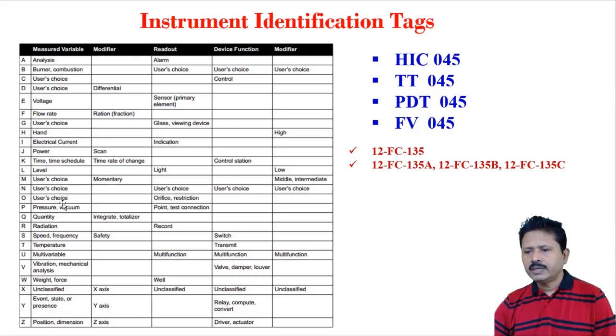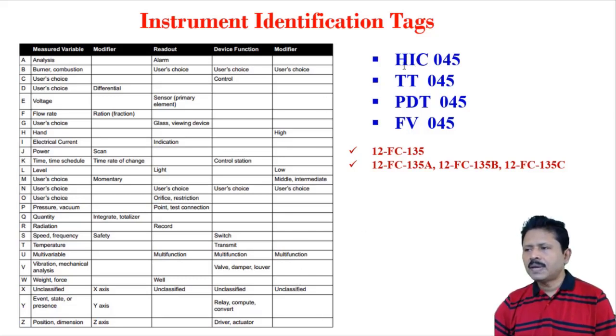These are different meanings while the alphabet is at first place. These are different meanings while it is in second place. These are different meanings while it is in third place. This is while it is in fourth place. This is while it is in fifth place.